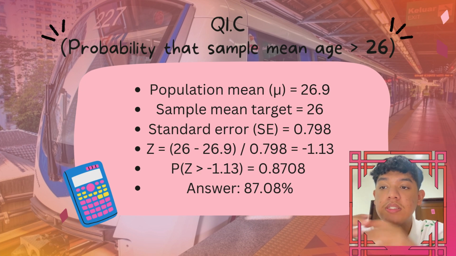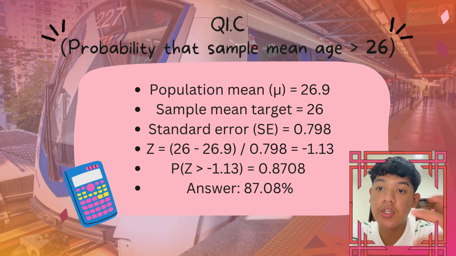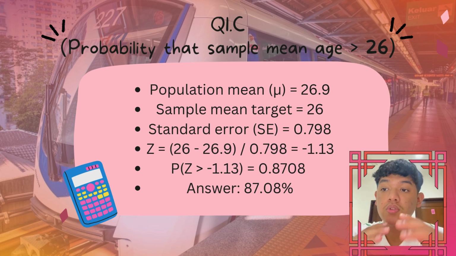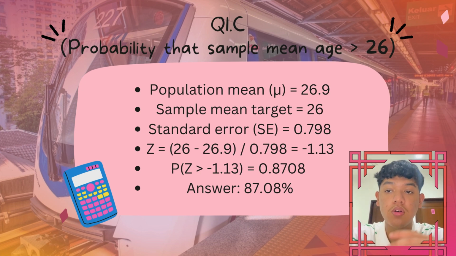Although 26 is slightly below the population mean of 26.9 years, the probability shows that the samples still reflect an older age group. So we can say that most people in this sample are likely older than 26 years old.